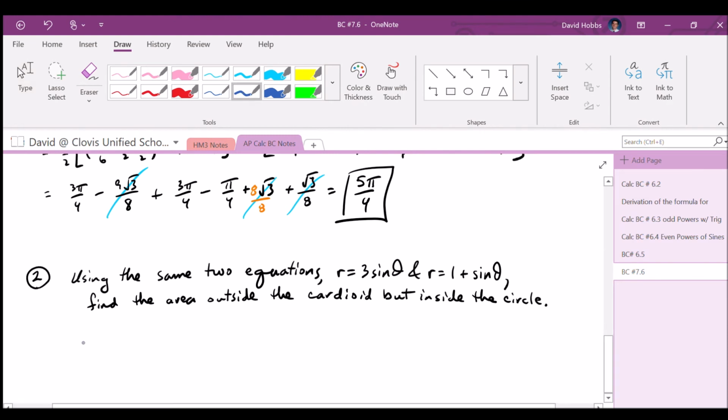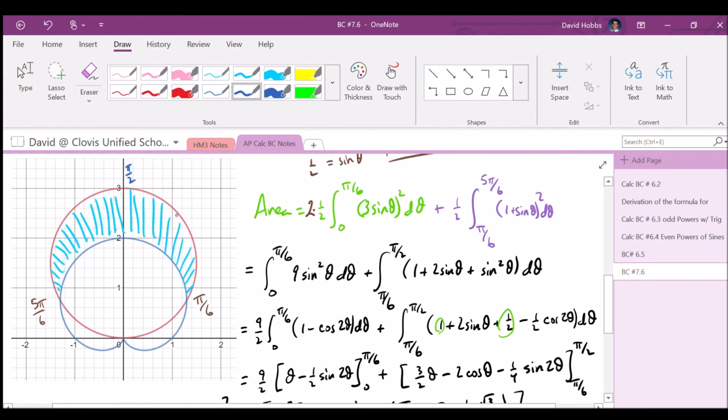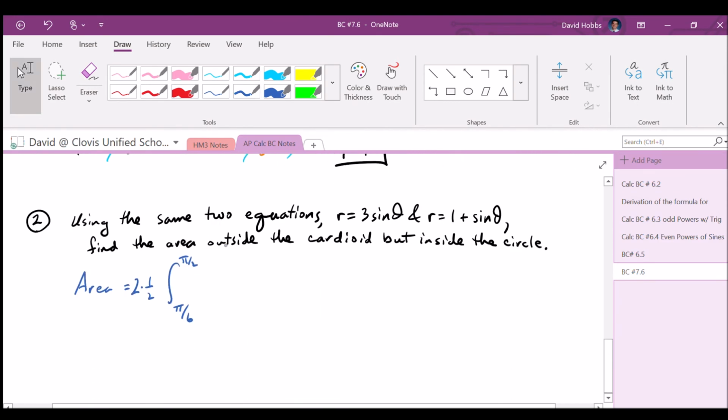Okay, so the area, 1/2. I'm going to go ahead and double it. So 0, sorry, not 0. Pi over 6 to pi over 2, and I'm going to double it. And my big R is the circle, because it's the one further out.